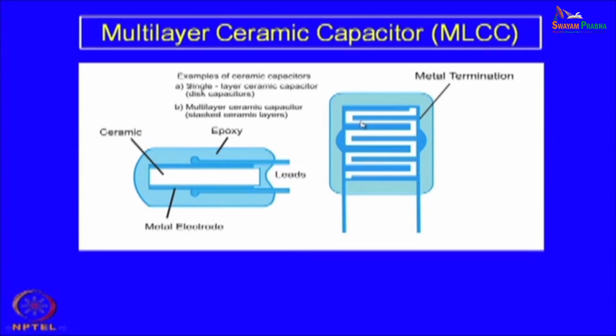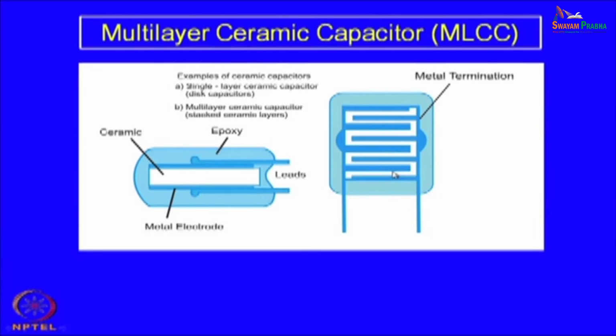As you can see, the alternate layers of the electrodes are not extending to the end. This one is not extending to the other end, and the other one is not extending to the left end. These are then connected on this side, and this is also connected on this side. So, each of these individual layers is electrically connected in parallel.